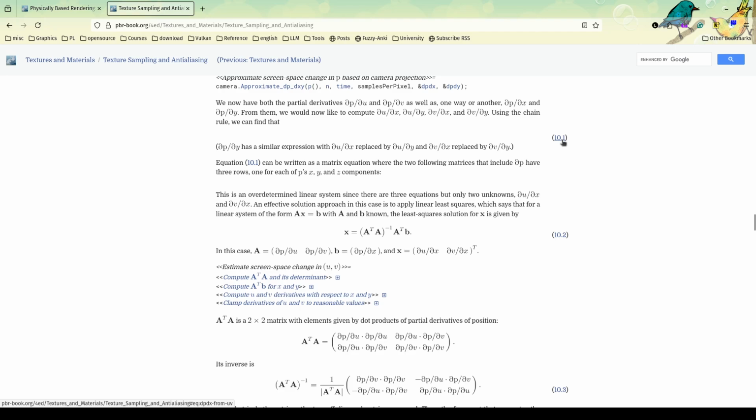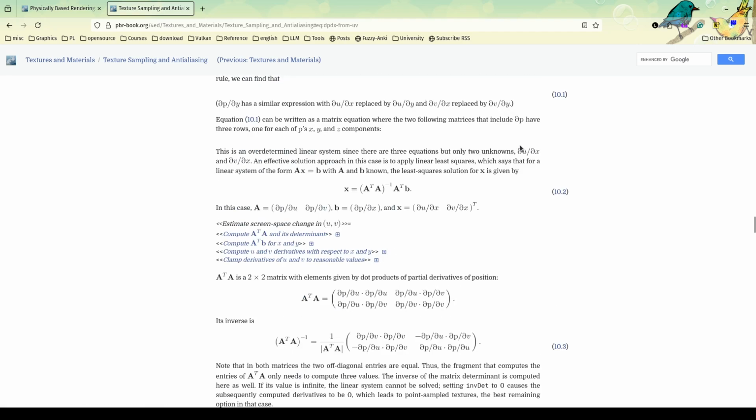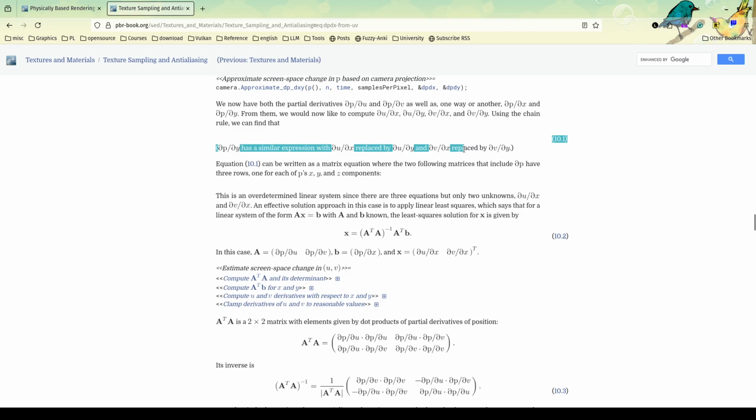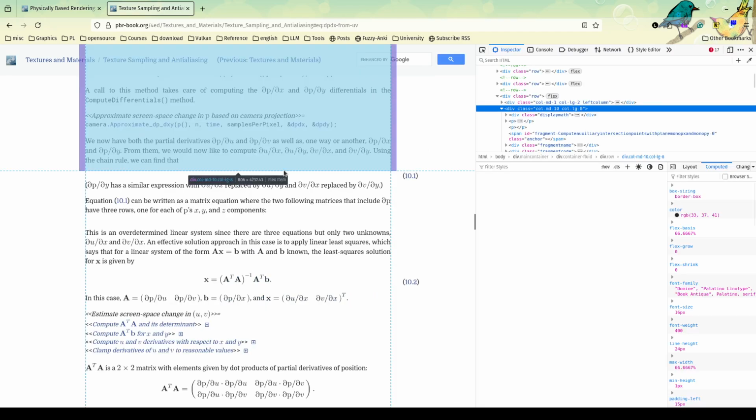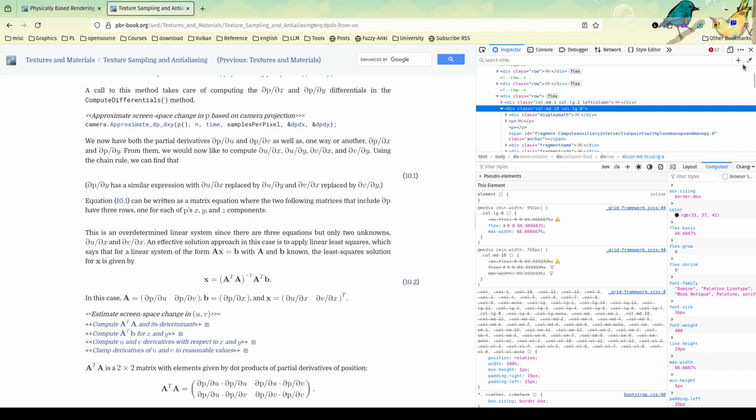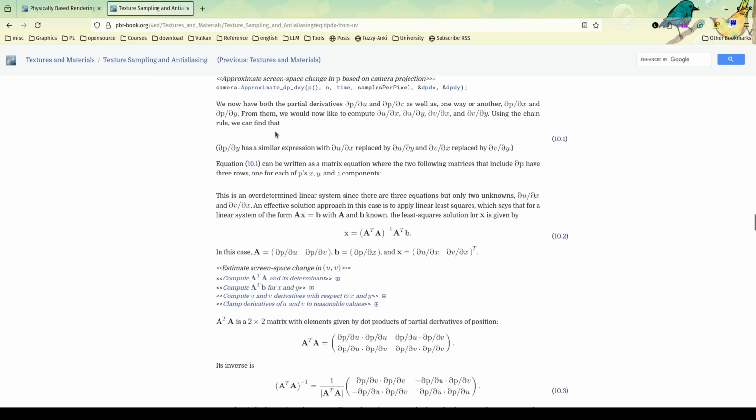Why is there a 10.1 here? Is something missing? Probably shouldn't look at that, but I think there are equations missing here.